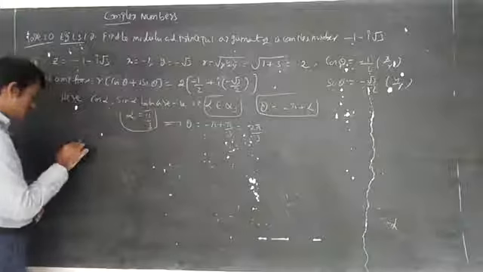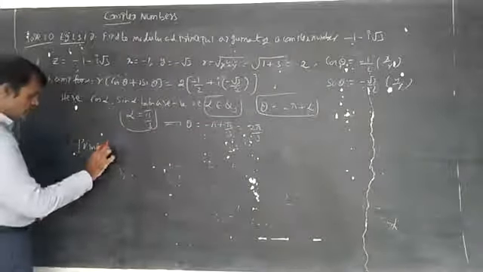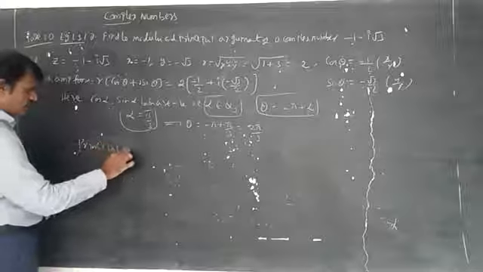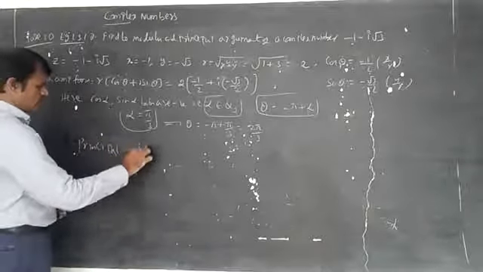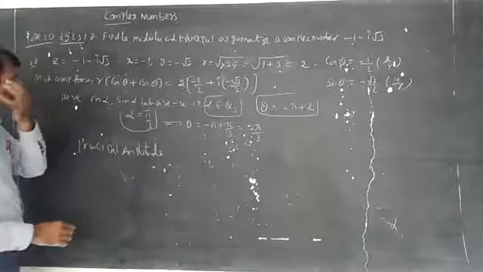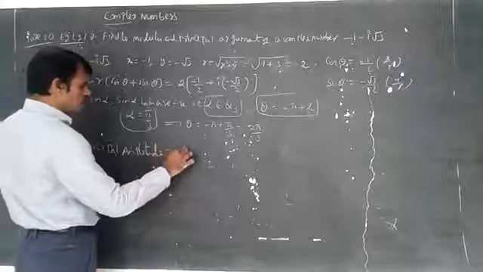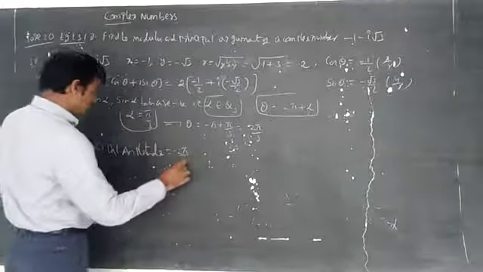Therefore, this is called the principal amplitude. After getting the resultant of the quadrant, it is called the principal amplitude. Principal amplitude is equal to minus 2 pi by 3.